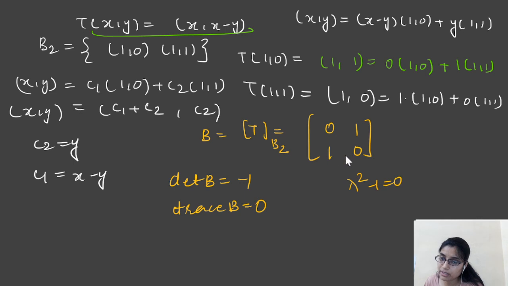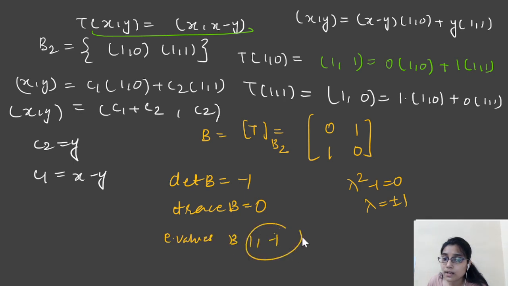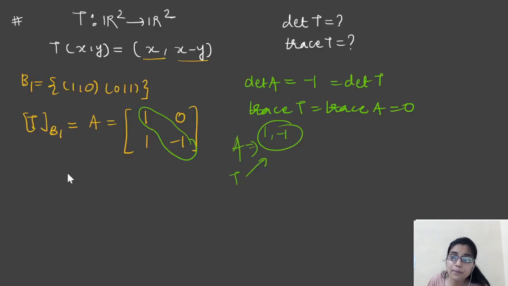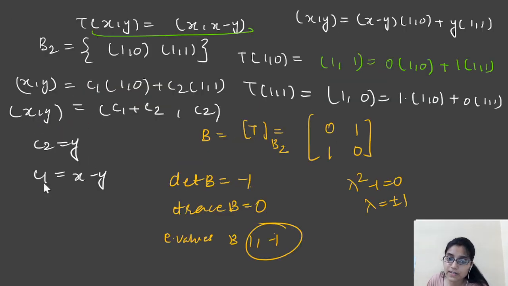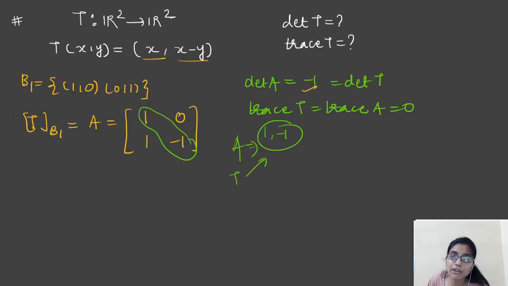If you are going to find out the characteristic equation, it's λ² - 1 = 0. So eigenvalues for this matrix B is what, 1 and -1. Fine. So all these things, and rank we are getting 2. And see the previous one, determinant -1, we got trace 0, here we got trace 0, we got eigenvalues 1, -1, we got eigenvalues 1, -1, rank is 2, again here rank is 2. See how simple it is.